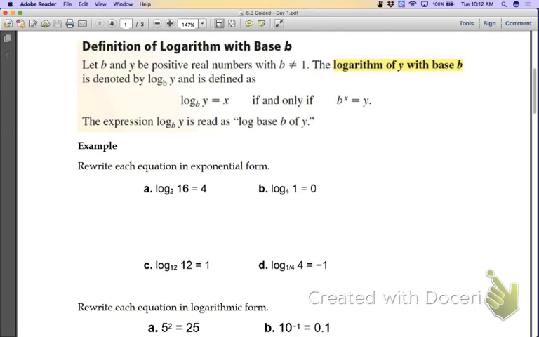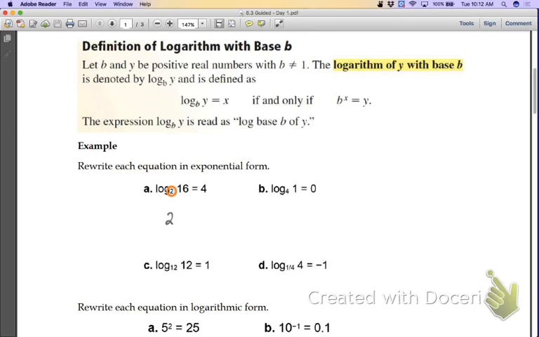The easiest way that I would tell you is whenever you start with a logarithm, whatever your base is, keep it on the same side. Never move it around. So if I have a log base 2, the 2 is going to stay here, and it's going to be the base of my exponent.